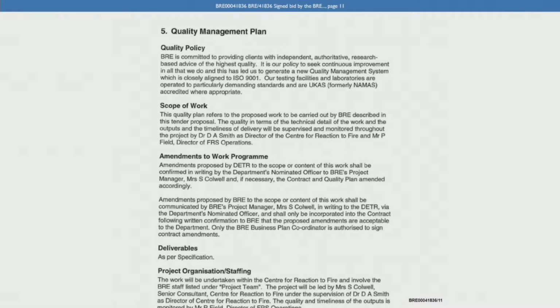And then if you go to the sixth paragraph down under the heading Project Organisation and Staffing, that reads, in the second line, the project will be led by Mrs. S. Colwell, Senior Consultant, Centre for Reaction to Fire, under the supervision of Dr. D.A. Smith as Director for Centre for Reaction to Fire. The quality and timeliness of the outputs is monitored by Mr. P. Field, Director of FRS Operations.